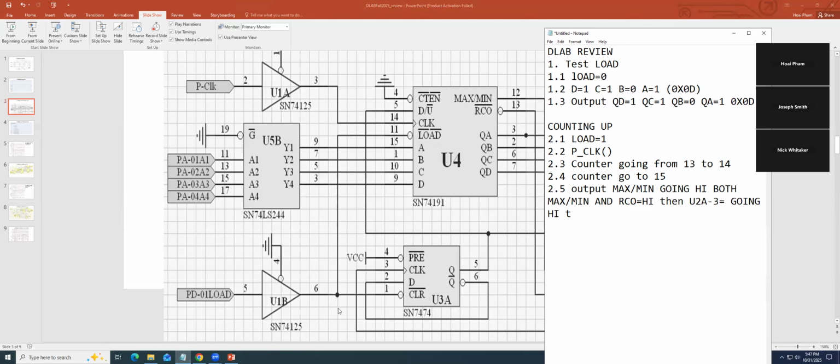That is clock for the flip-flop L3A. Okay.